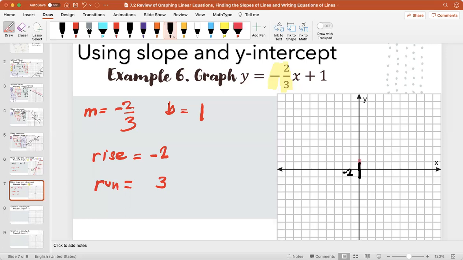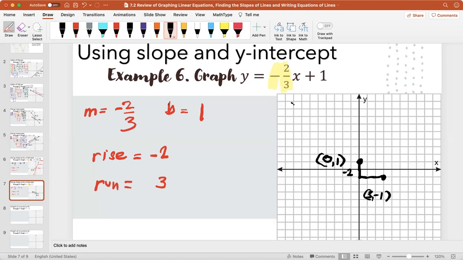And then run is positive, so you go to the right. How many units? 3. 1, 2, 3. There, we stop there. And we can put the coordinates of that point now. That would be 3, negative 1. And this point here where we started is your y-intercept, 0, 1.